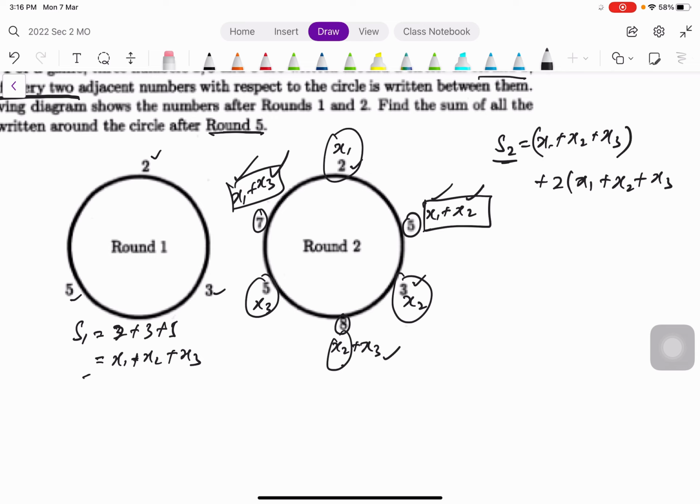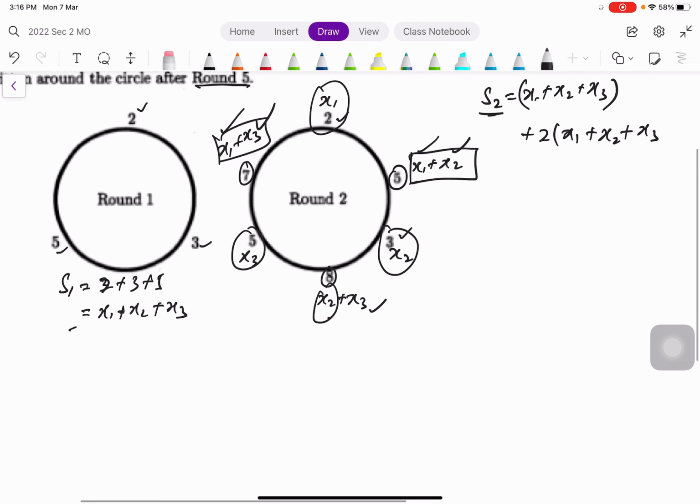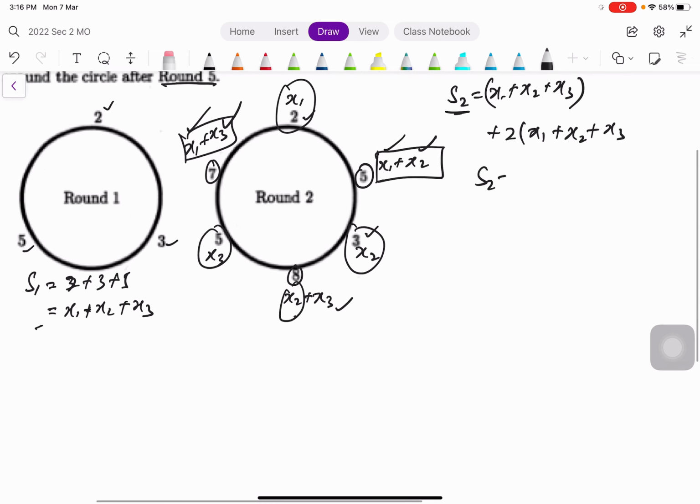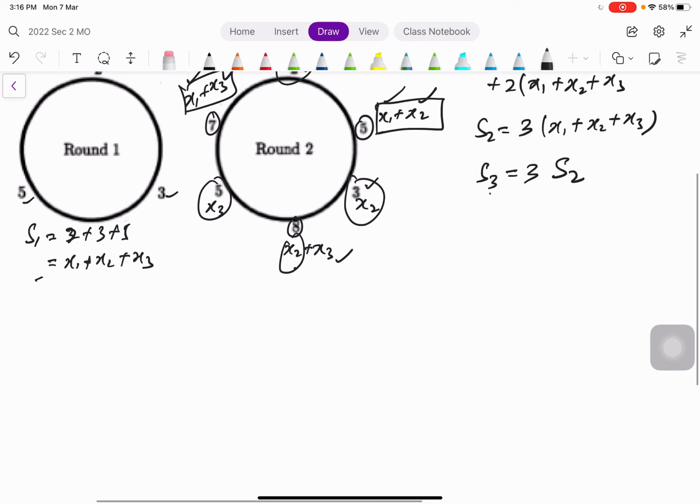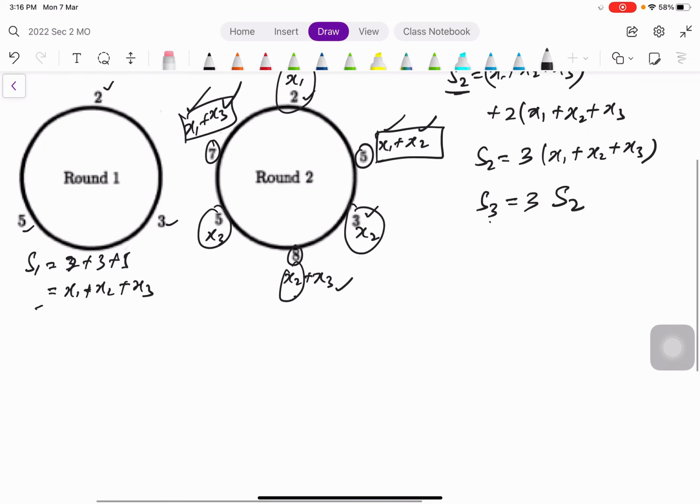Therefore, can you see that in total, the sum of round 2 is actually 3 times x1 plus x2 plus x3? That means, when it comes to round 3, it is actually 3 times S2. Therefore, maybe let me complete the notation.